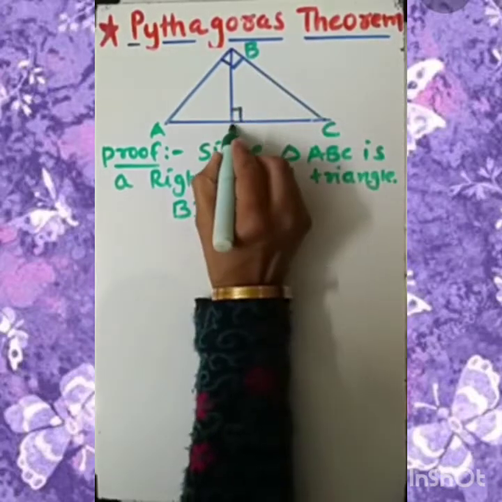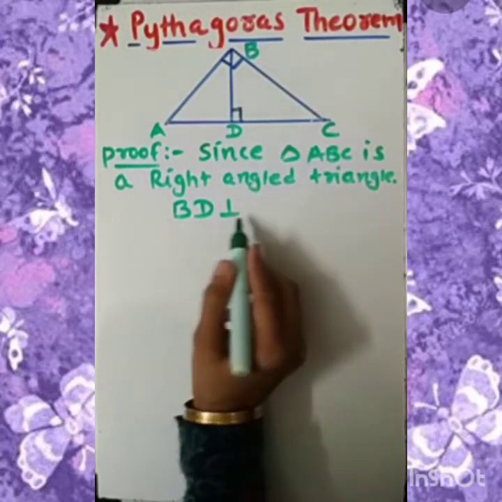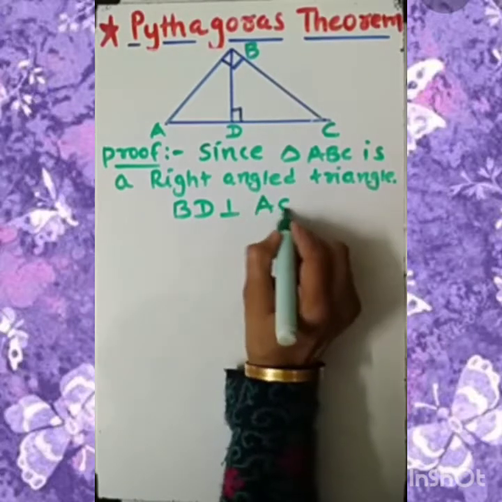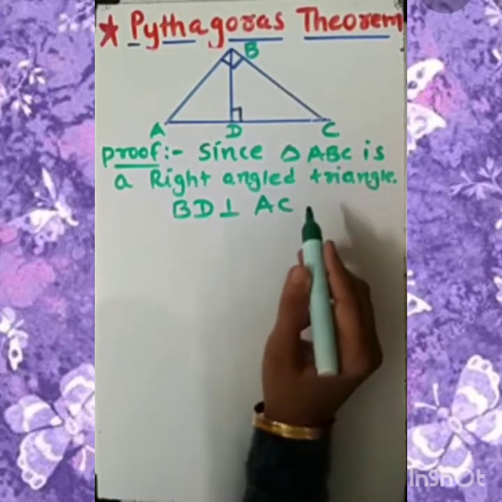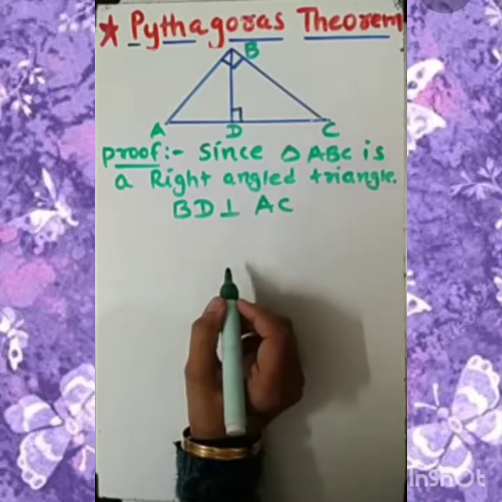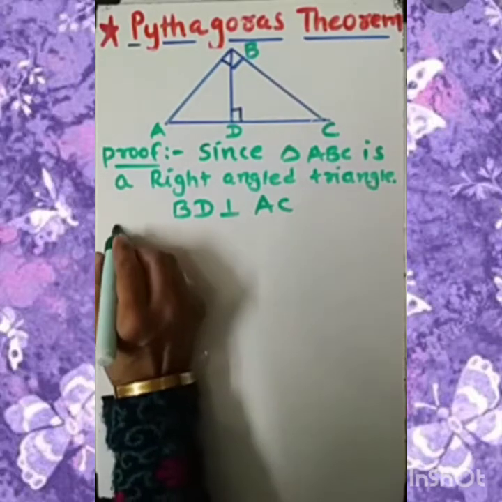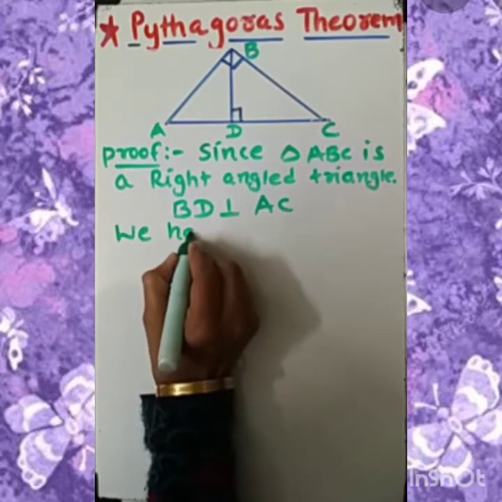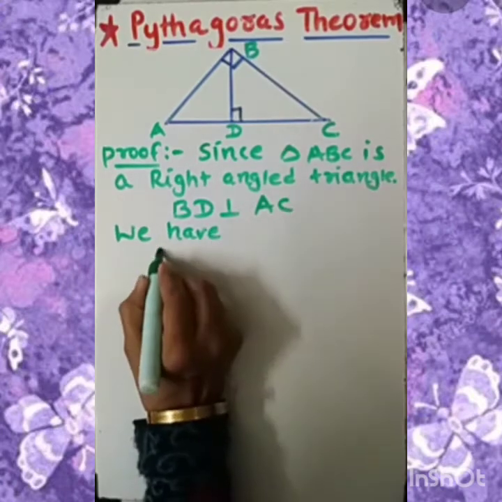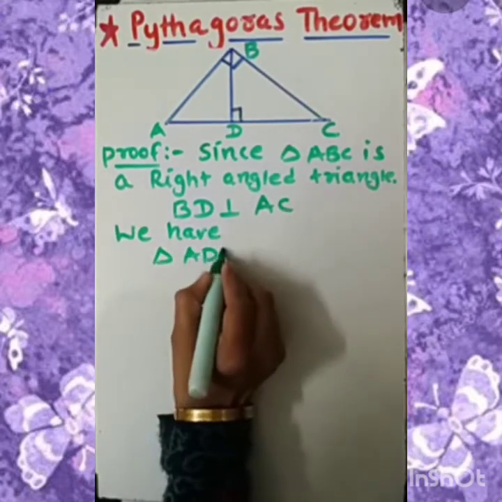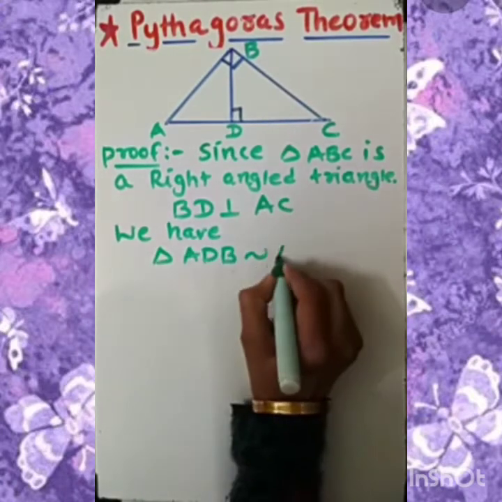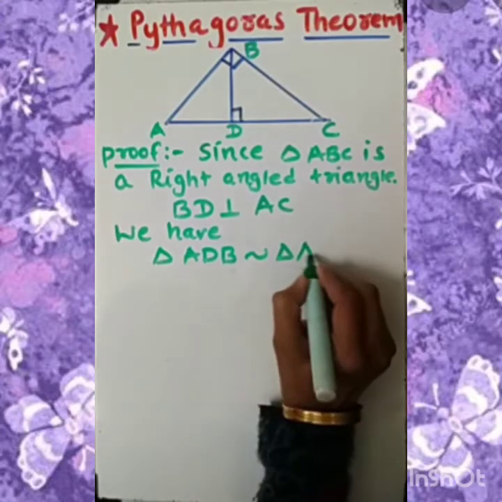This point I am calling point D. BD is perpendicular to AC. So we have triangle ADB similar to triangle ABC.